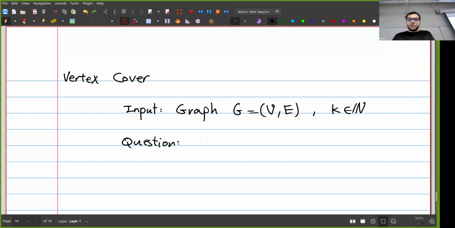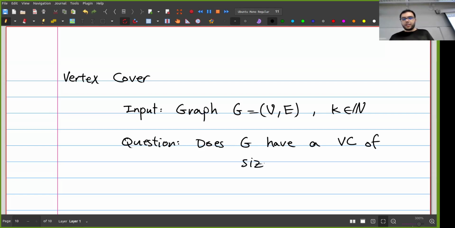The question is, does G have a vertex cover of size k? Now, what is a vertex cover? A vertex cover is a set of vertices that covers all of the edges. So can I choose k vertices such that I am sure that I have chosen one endpoint of every edge?